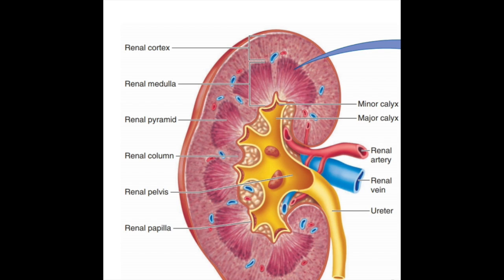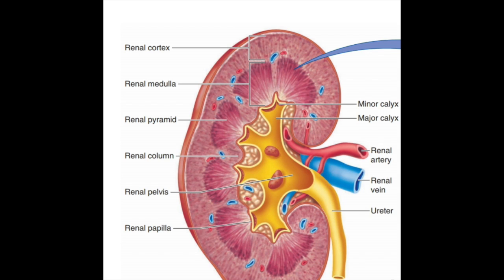To begin our discussion of the renal system, we'll first start with the kidneys, which, as we'll come to learn, is the most active organ in the renal system. So, the blood that we want to filter that contains waste enters into the kidney through the renal artery.